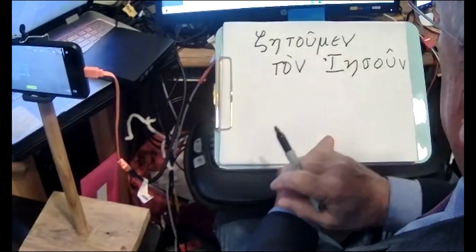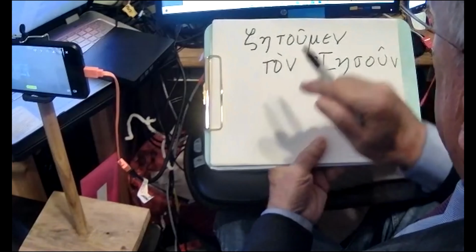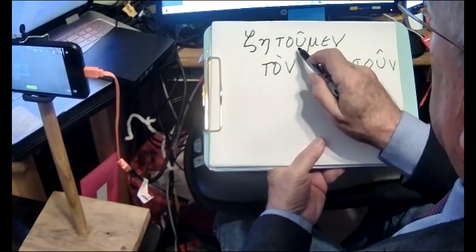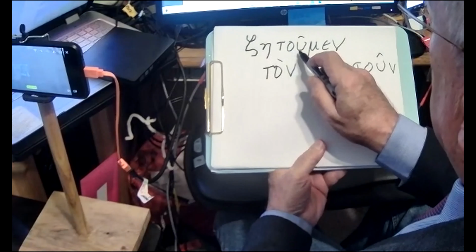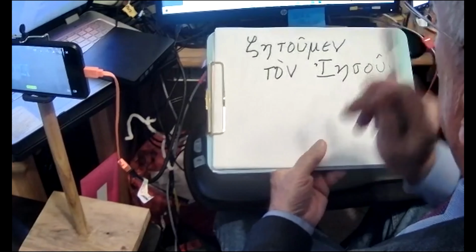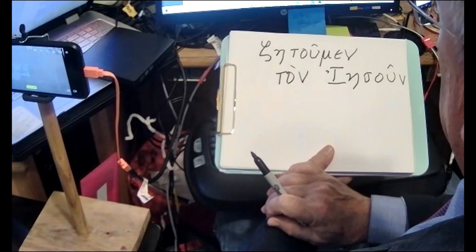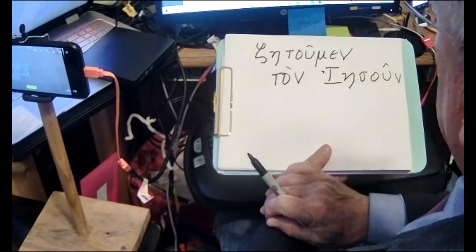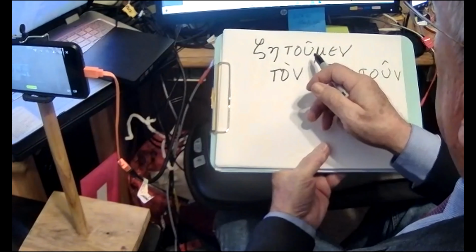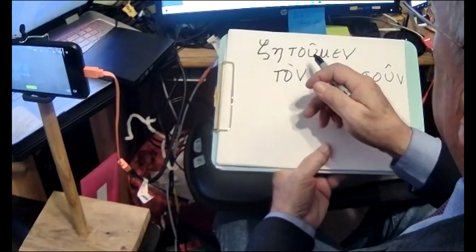Remember that first we go and look for the verb. And we see zeitumen. And we remember, oh, I know this vocabulary word. It's zeteo, I seek. But instead of I seek, this is we seek.